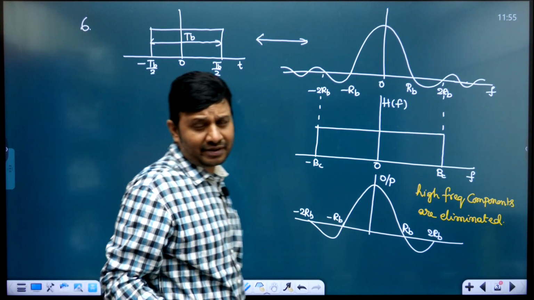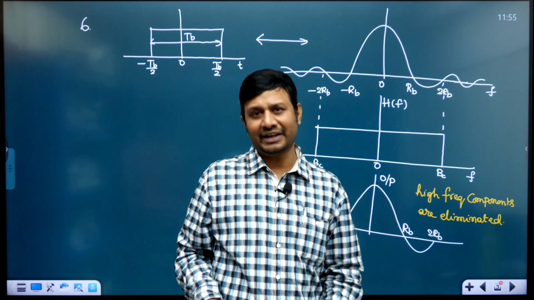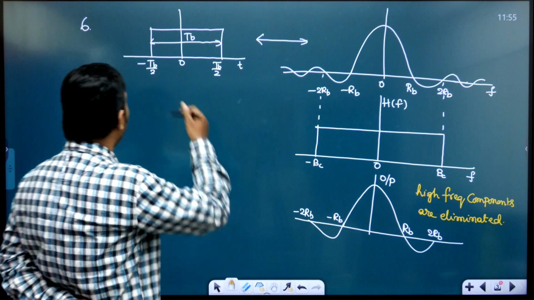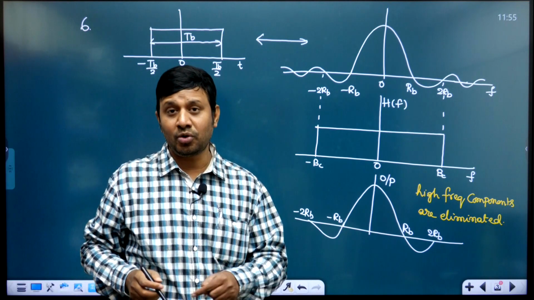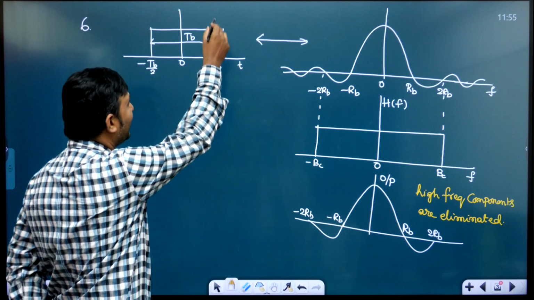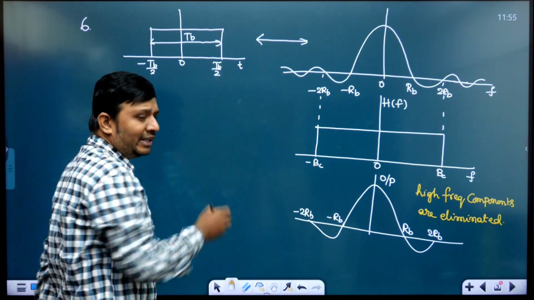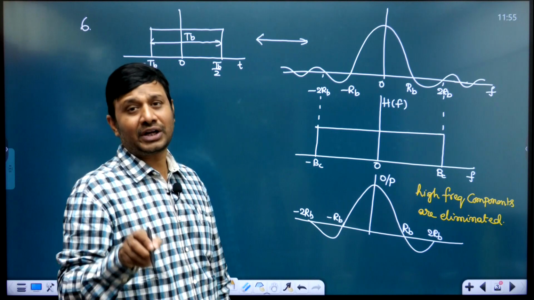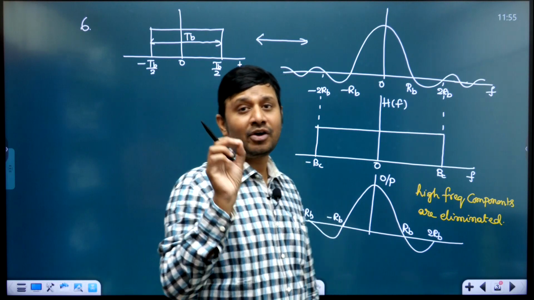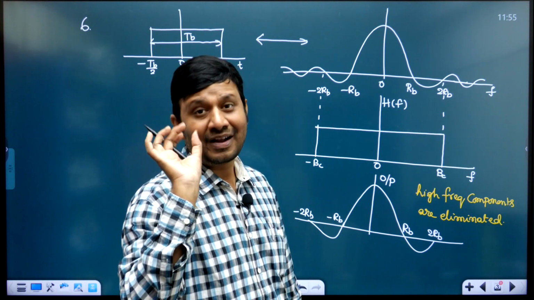Generally a sudden rise and sudden fall we call discontinuities. At minus TB by 2 and TB by 2, the sharpness of the signal is more. Sharpness means a sudden transition is there, no? If there is a sudden transition, sharpness is more, and those sudden transitions are because of high frequency components.